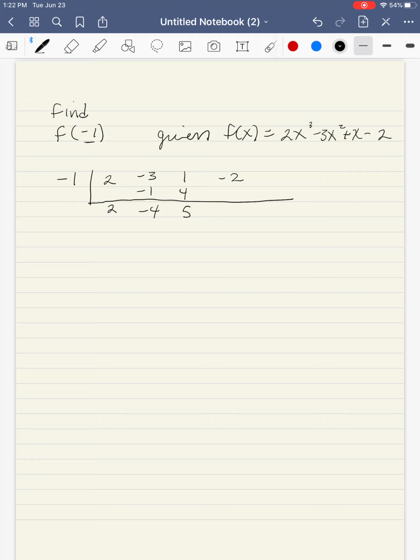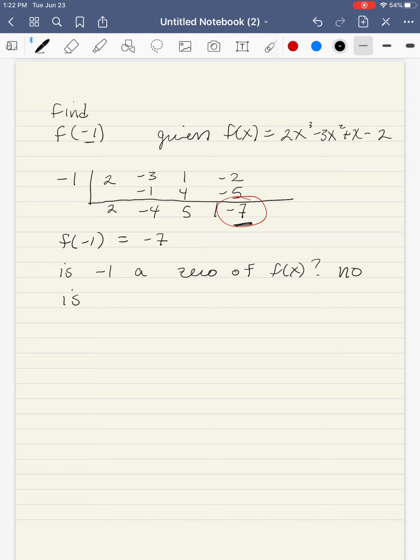Cube, square, x, constant. Do our synthetic division. And then we know that f of -1 is equal to our remainder, with no additional work.